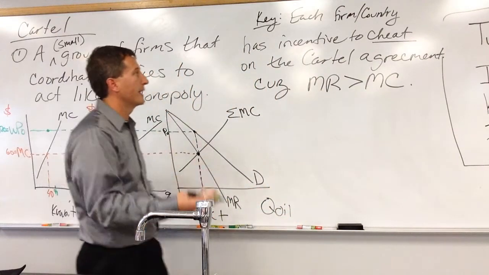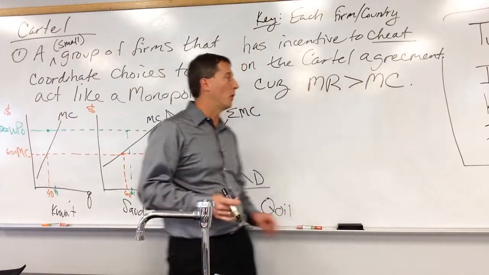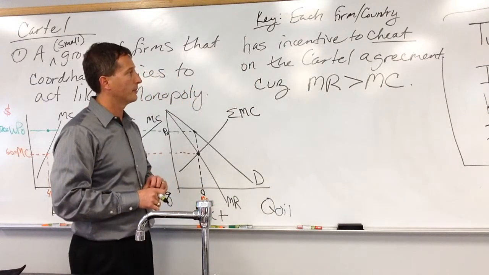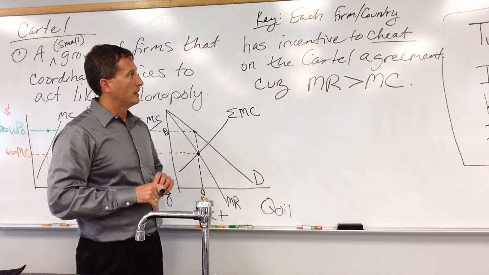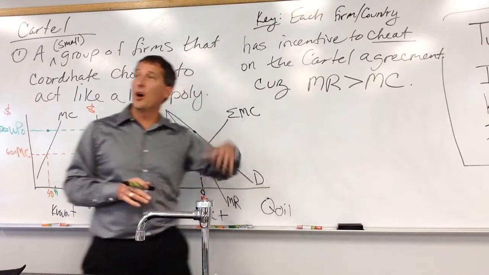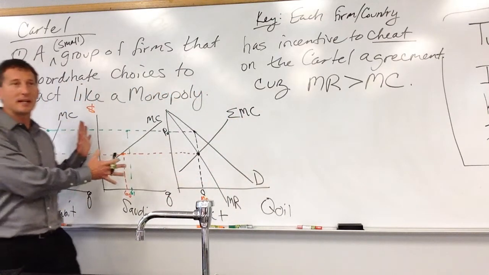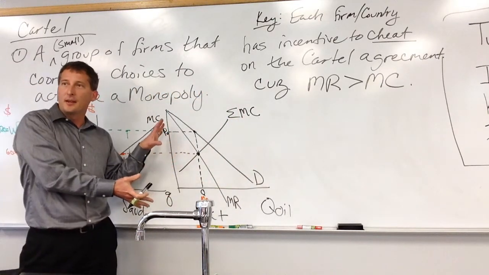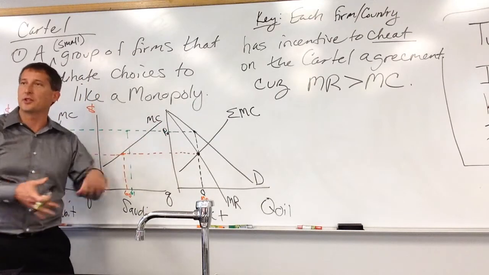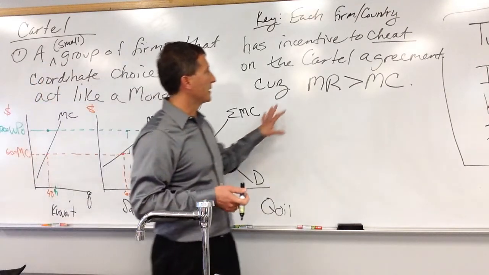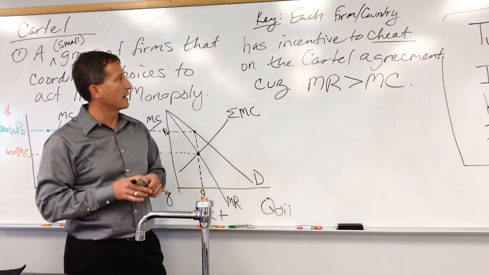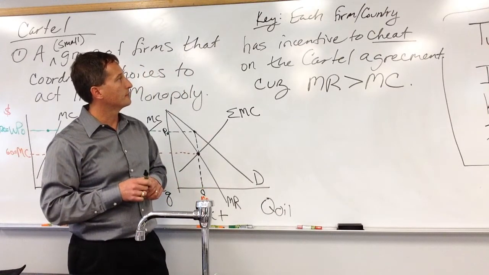We're essentially violating what we said needed to hold true for the profit maximizer. Now, in theory, their long-term profits would be better by sticking to the agreement, but because each one has incentive to cheat, and there are ultimately potentially some competitors at hand, they tend to do that.